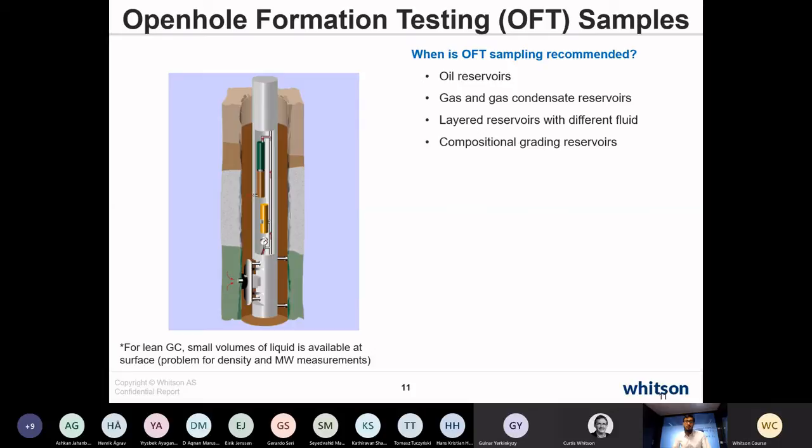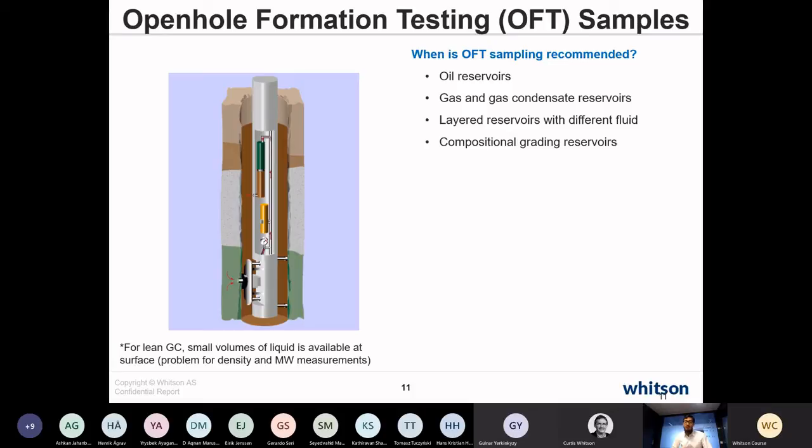Because if you try to produce them with the bottom hole sampling, and you have not isolated those layers, then the composition that you get in the bottom hole sampler will be a permeability weighted average of the two layers, and then you will not be able to do the proper fluid initialization for those two layers, for example.